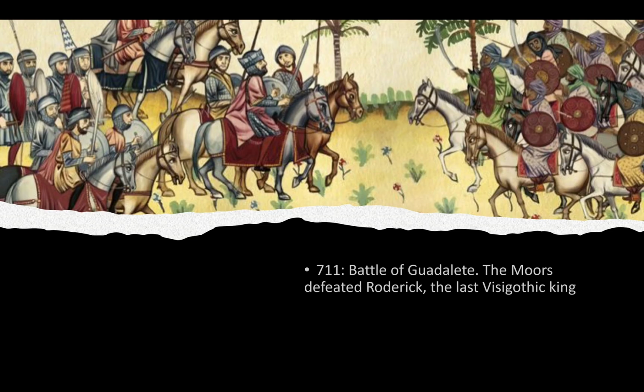Eventually, there were many civil wars inside the Visigothic kingdom, so it was not a very strong kingdom because they were fighting. They had this inner trouble all the time. But anyway, they had this book of laws, the Liber Judiciorum.